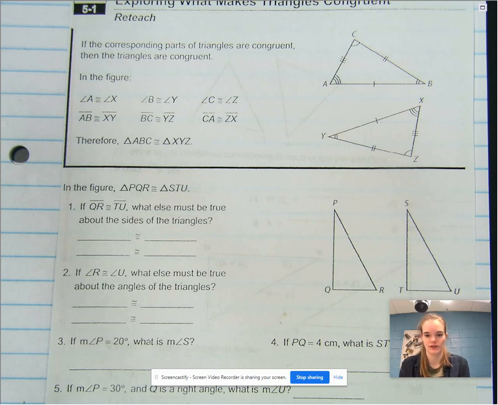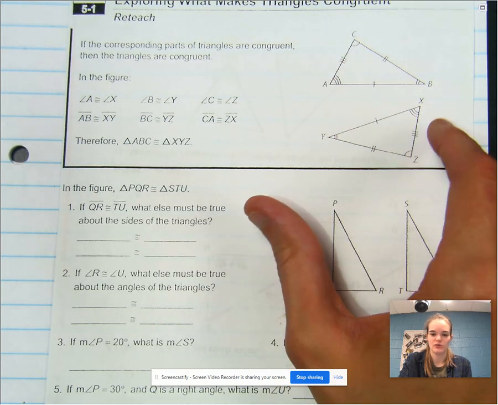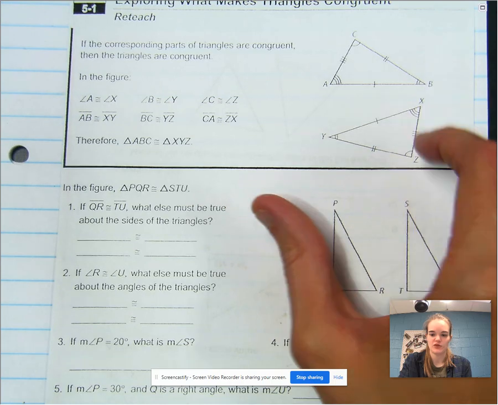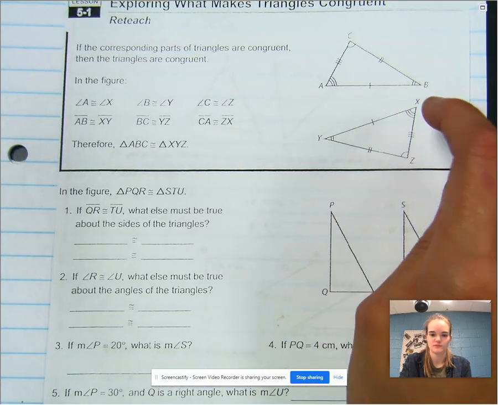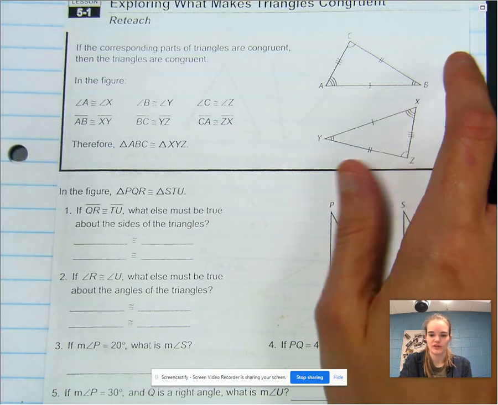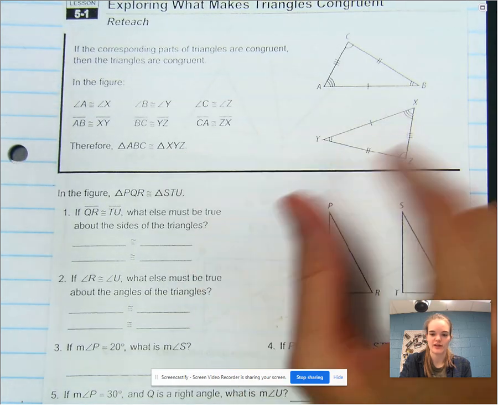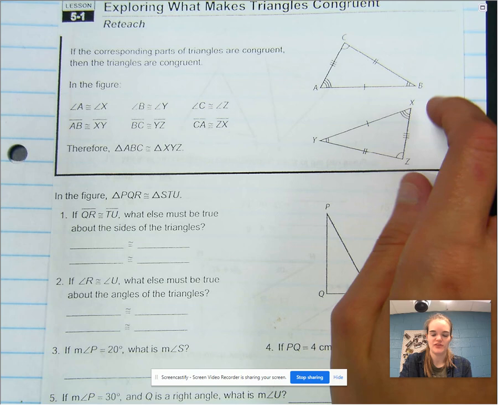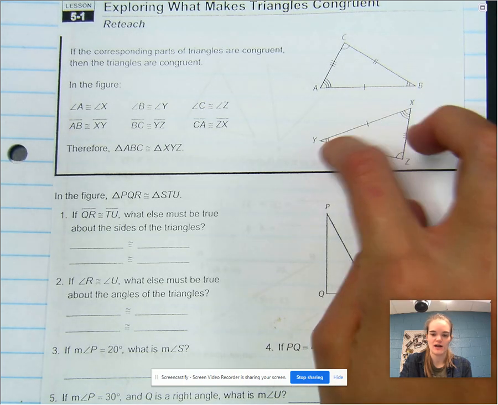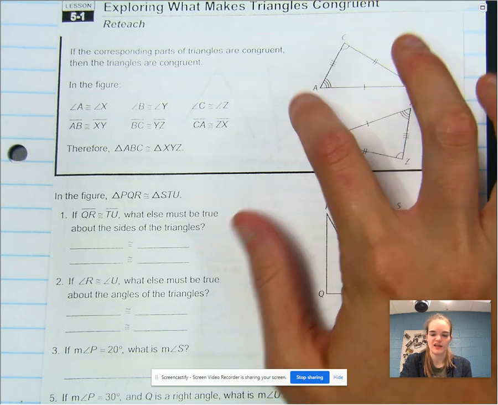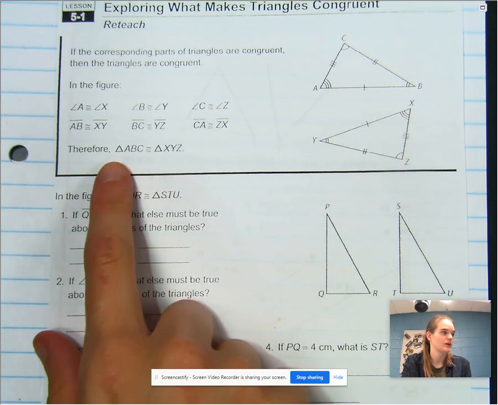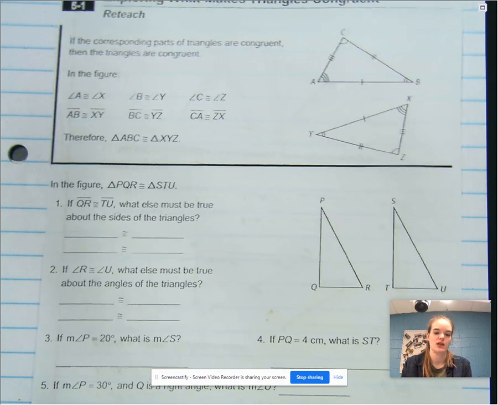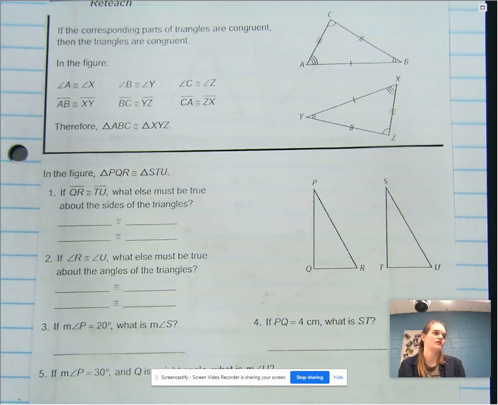So in the figure shown here, since you know A is congruent to X, B is congruent to Y, C is congruent to Z, and since the side lengths AB are congruent to XY, BC is congruent to YZ, and CA is congruent to ZX, then we know that the triangles are congruent. There will be some shortcuts for that when we get to the actual theorems, but today there is not.